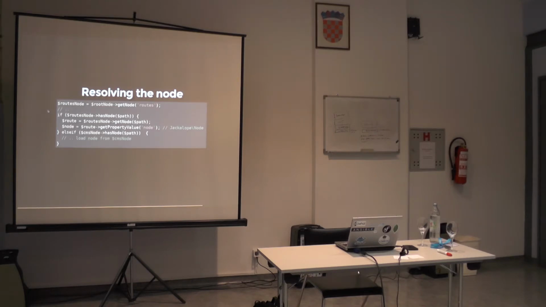Is it working? Ah, that's just CMS, yeah? You create a new variable, $routes node, or something like that. Yeah. So you just retrieve the node routes, just as you retrieved node CMS before.